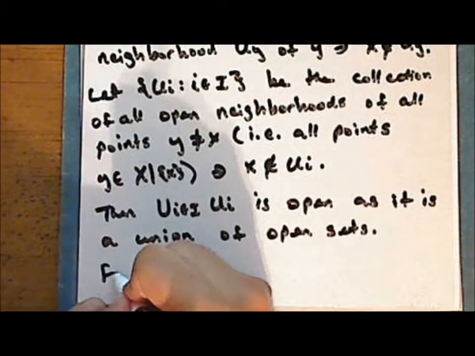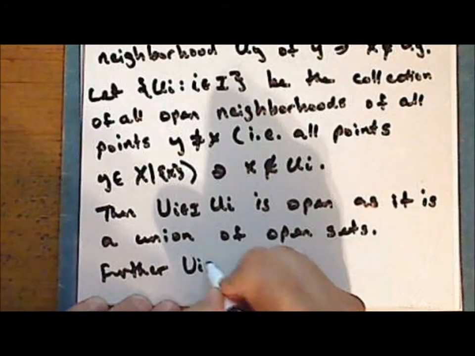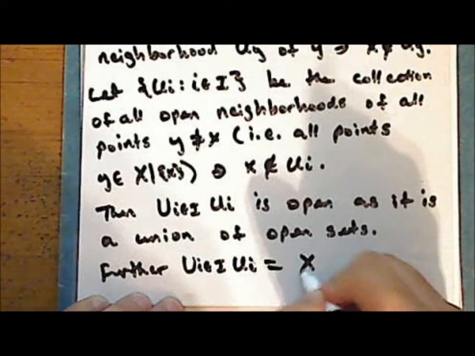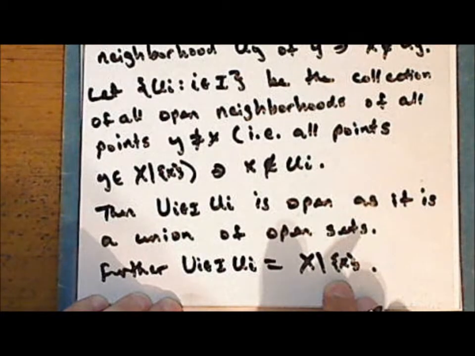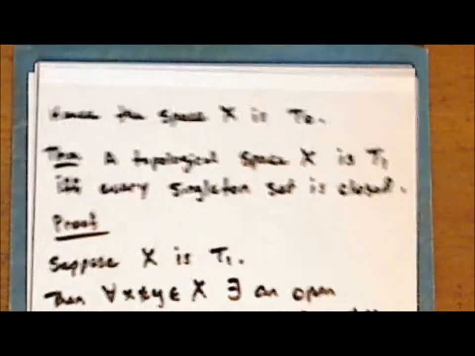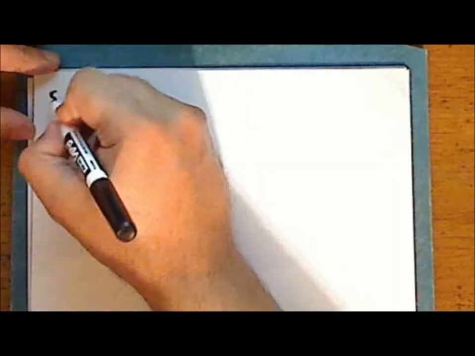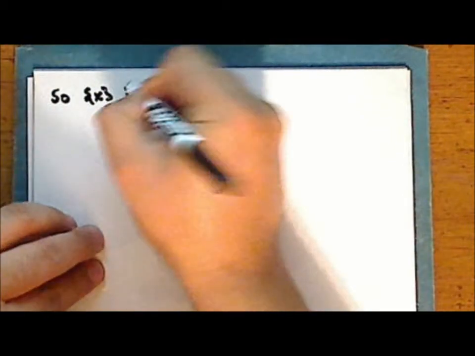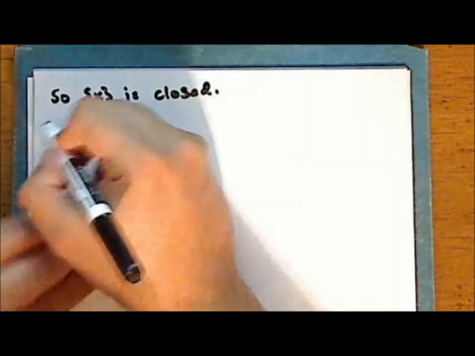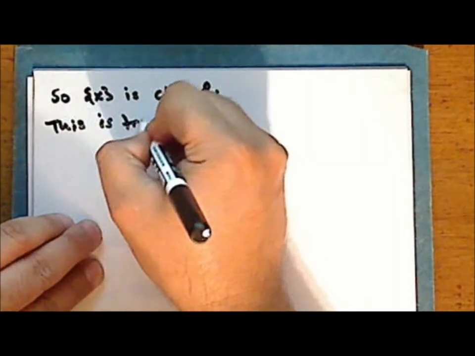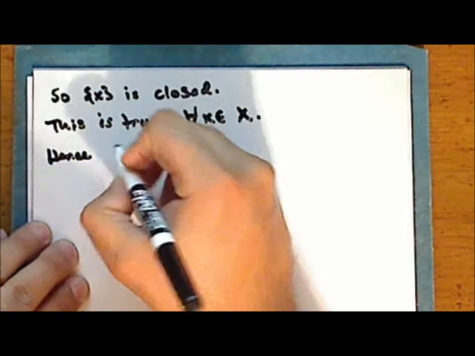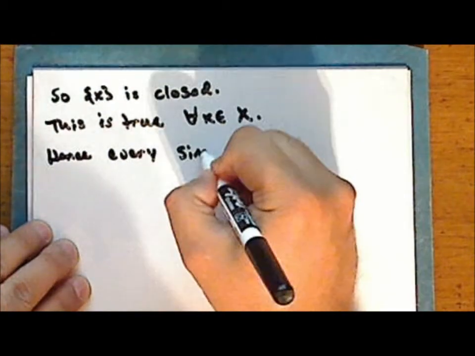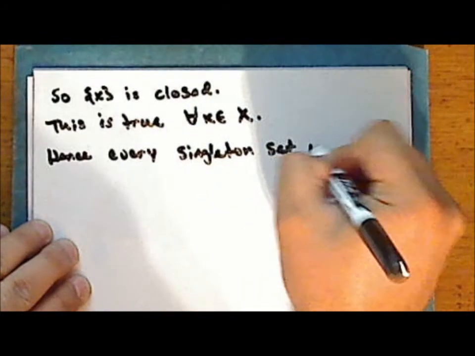Further, this union is the complement of the singleton containing the point x, and as the complement of the singleton is an open set, we have that the singleton is closed. Now this is true for every point in the space, and hence every singleton set is closed.